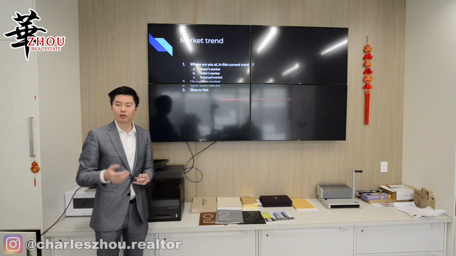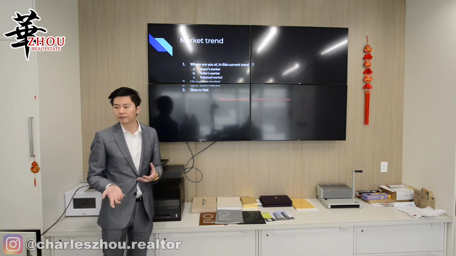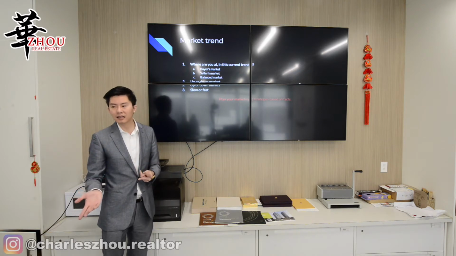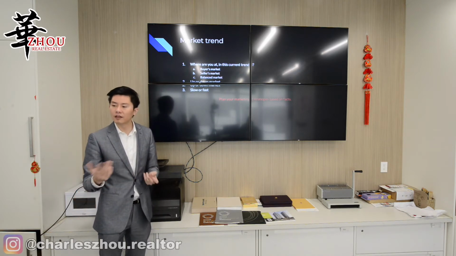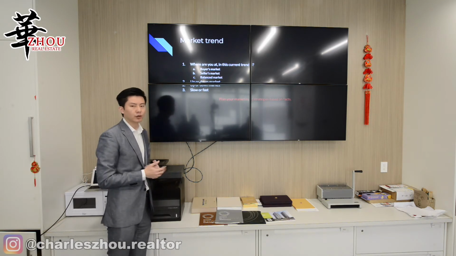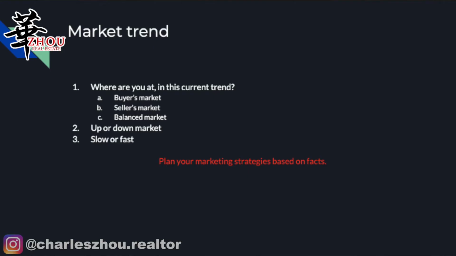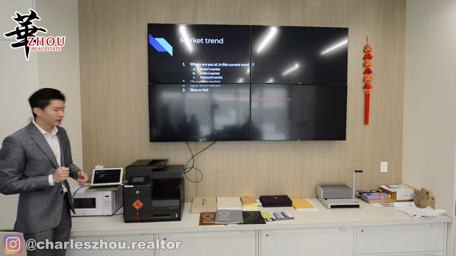When they tell you, that means they persuade themselves, right? If you tell them, they may not listen. If they tell themselves, they will agree to it. So ask them, where do you think the market trend is for today's market? Buyer's market, seller's market, or balanced market? Up or down market? Is it fast or slow? You have to ask them those questions.